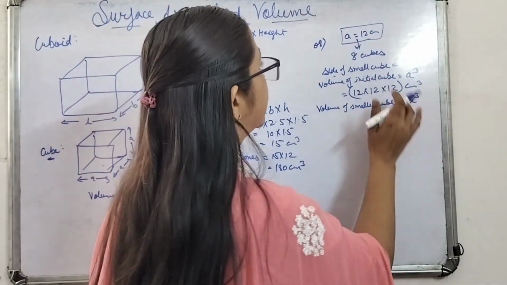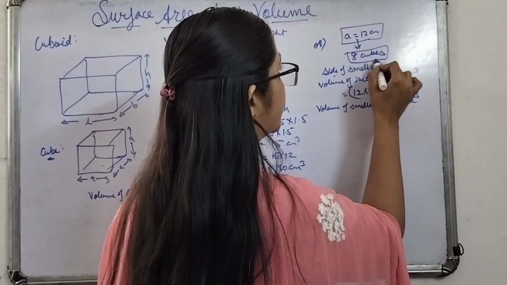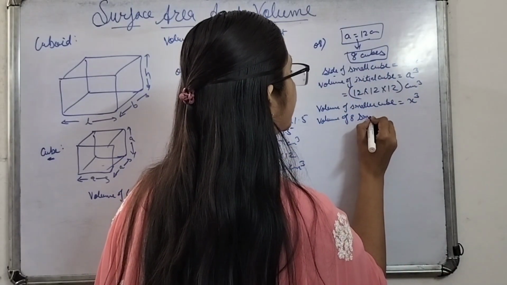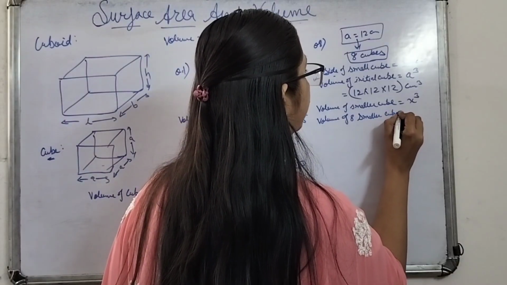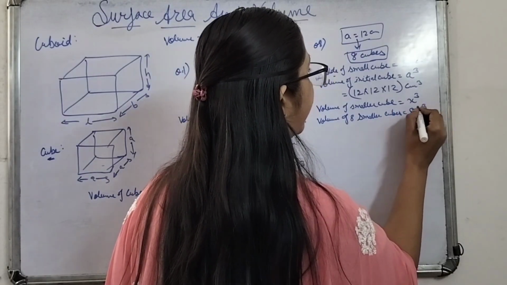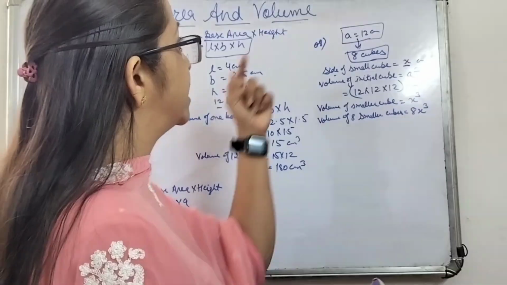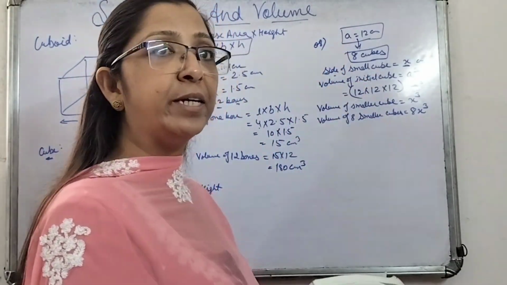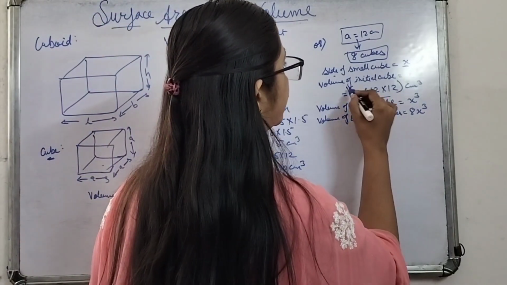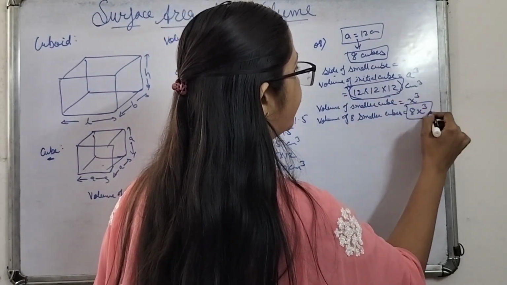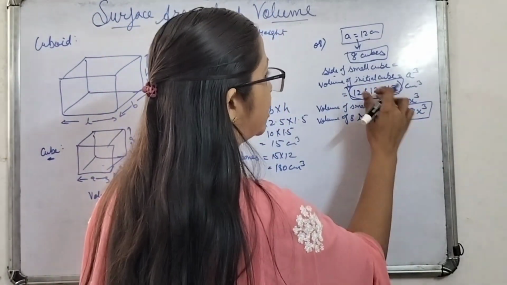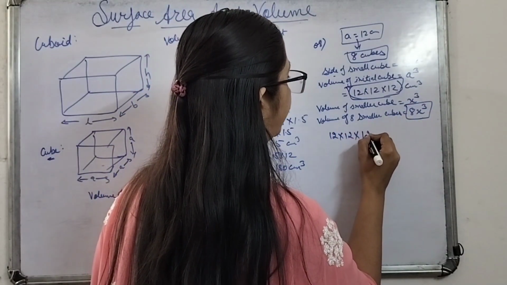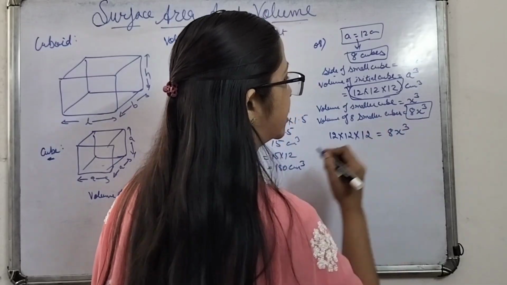There are 8 such cubes, so the volume of 8 smaller cubes will be 8 multiplied by x cube. Because this cube is melted into 8 such cubes, the volume of both will be equal. So we can equate both. This is the initial cube and this is the condition after melting. So 12 multiplied by 12 multiplied by 12 is 8x cube.